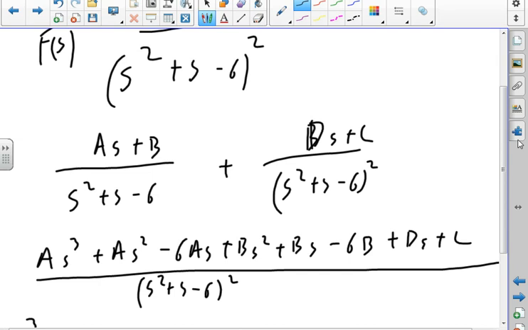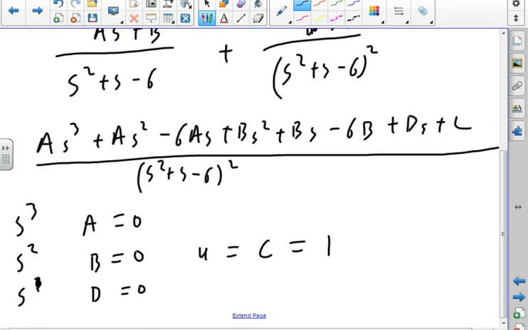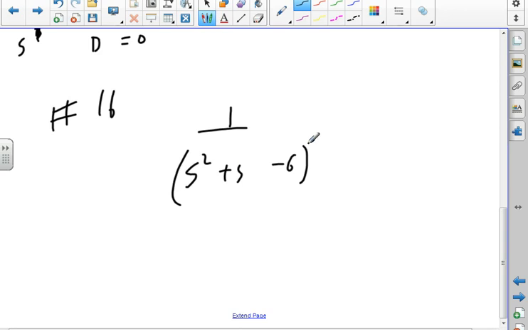Okay, so I'm going to try again. What are we doing? Number 16. All right, so I got 1 over (s squared plus s minus 6), the quantity squared.